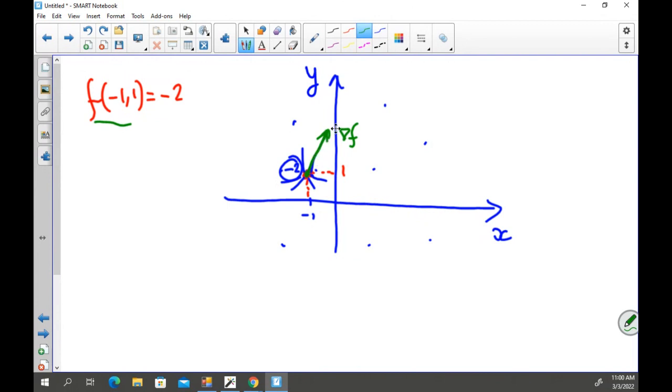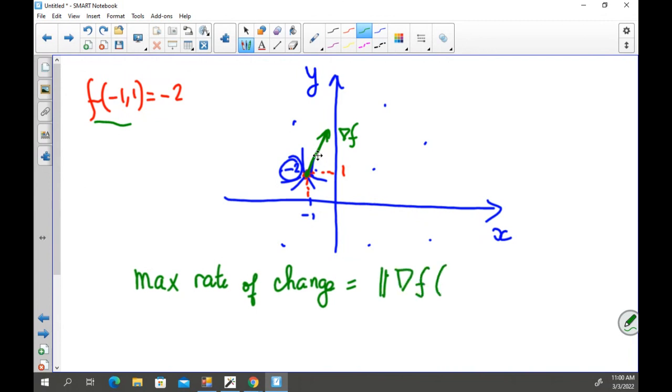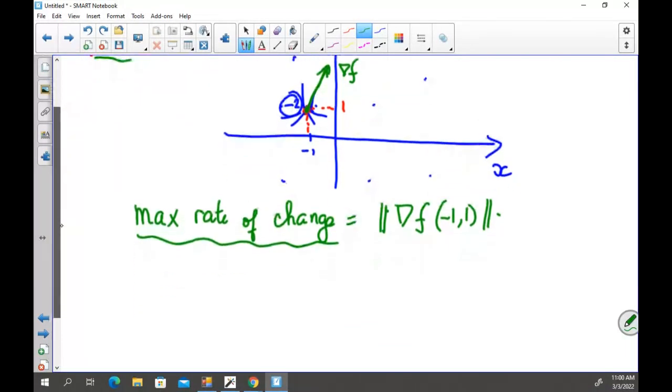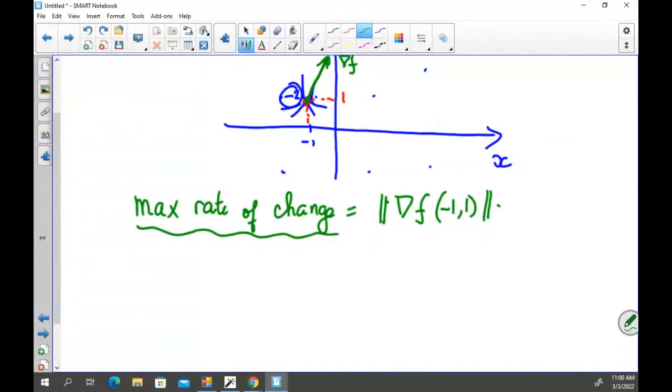If we go in this direction, the function will be increasing very quickly. Its maximum rate of change, the rule says, is actually the magnitude of the gradient of the function at the point -1, 1. This is the rule that you need to use.